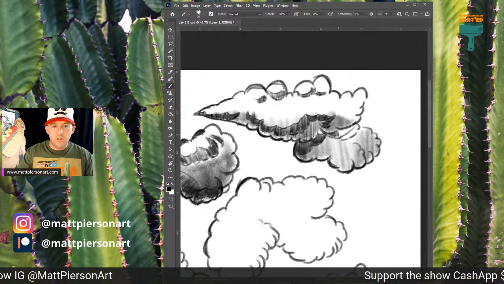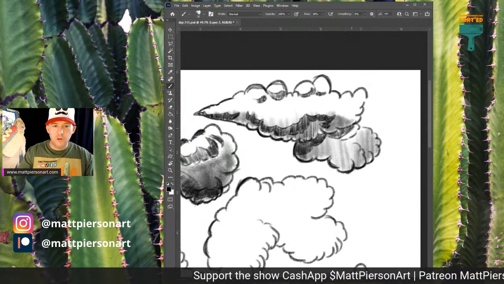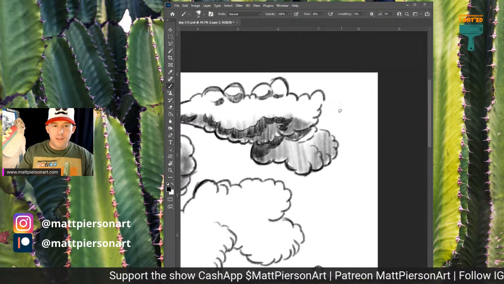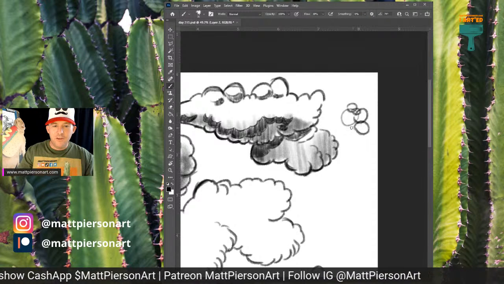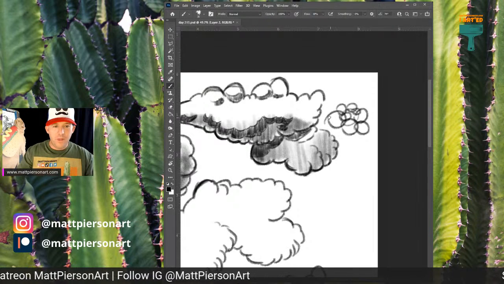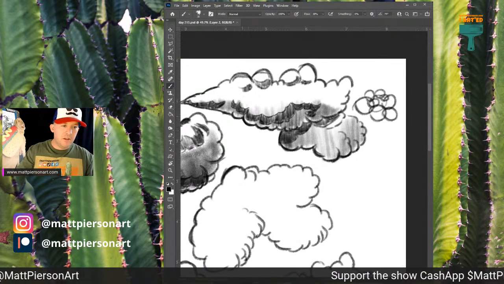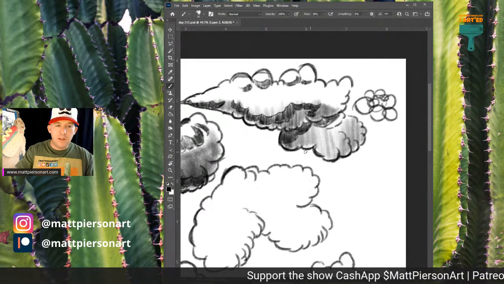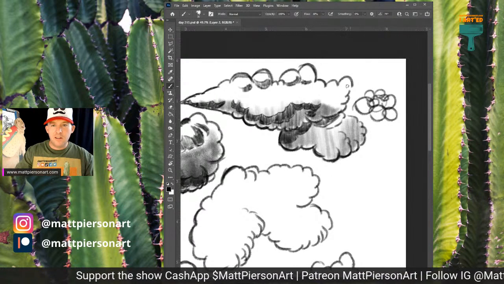I was thinking, well, clouds are kind of like bubbles glued together. That's what they feel like, a bunch of bubbles glued together into a giant form. And so that's where I came up with the notion of varying the size of your outside contour line.